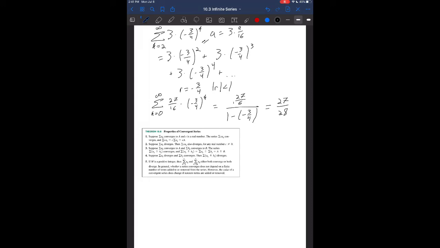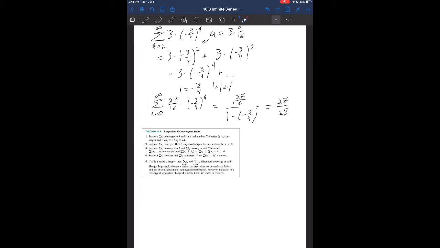So if it does diverge, well, multiplying by a constant won't change anything unless we multiply by 0. Right? So if we multiply all of the terms by 0, we're just adding up 0 an infinite number of times. And so certainly that series will converge to 0. But in the case where we're multiplying by a non-zero constant, that's not going to change anything. It's still going to diverge, which is what's happening in this step 2.